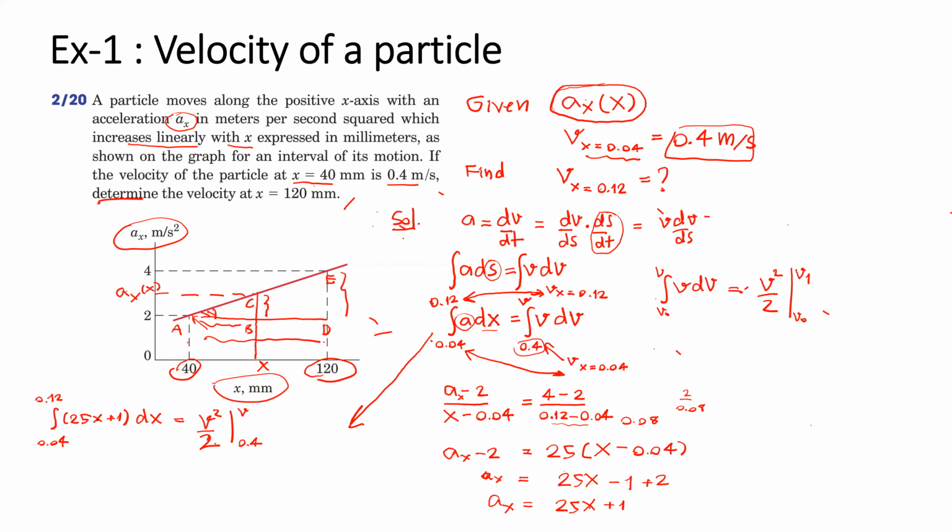And yeah, the integration of the left hand side, we're going to have 25x squared per 2 from 0.04 to 0.12, and plus the second term is x, also from 0.04 to 0.12.